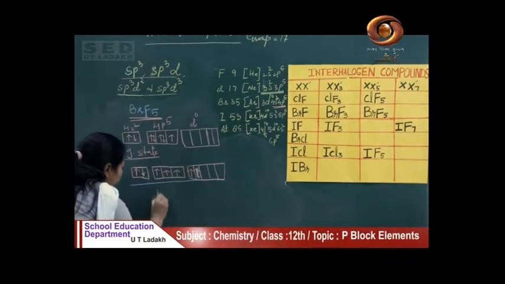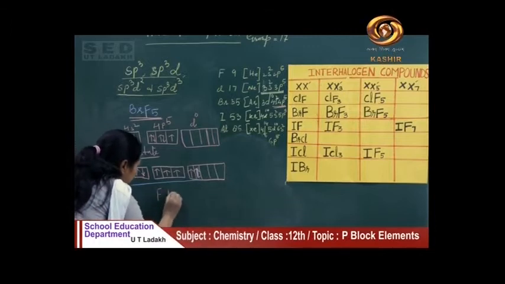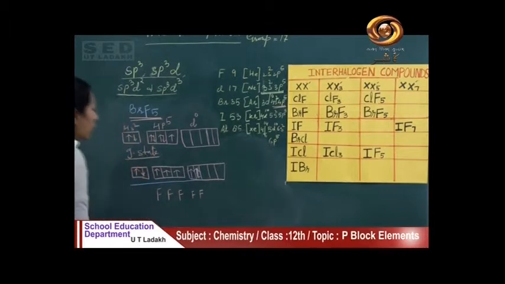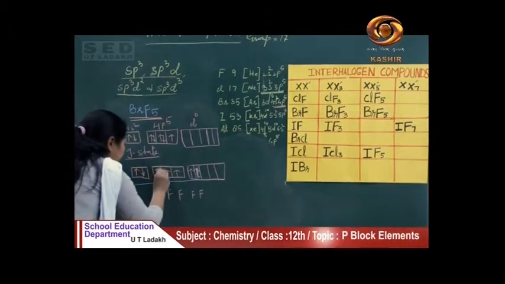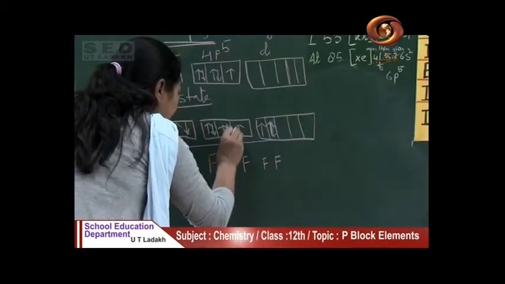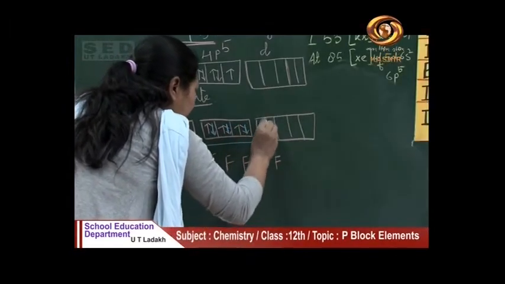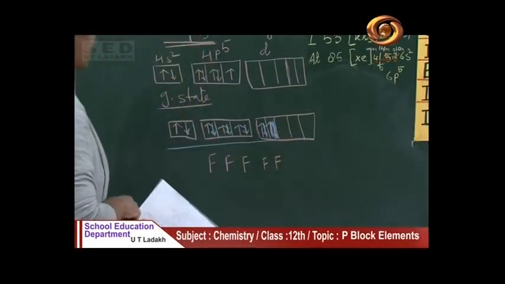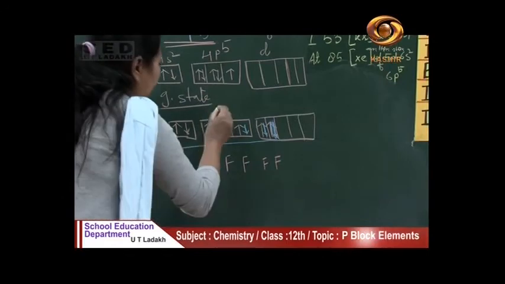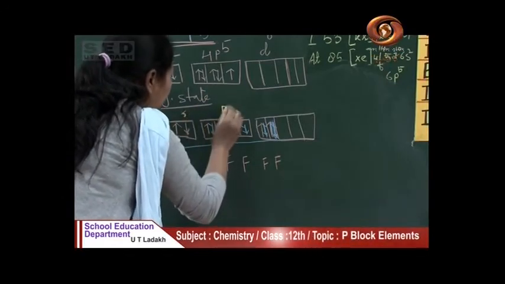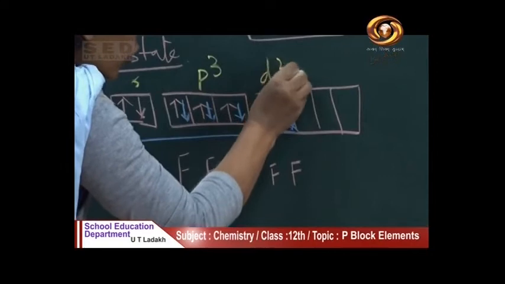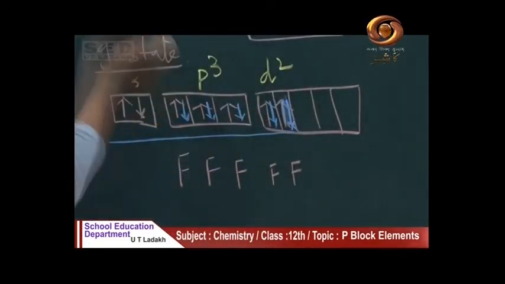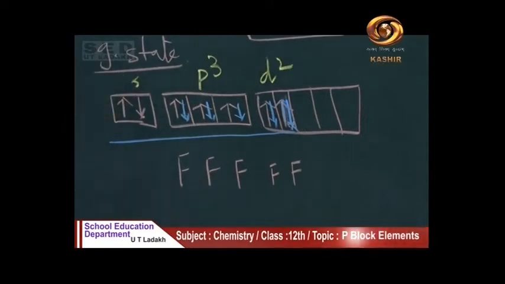Now every F is sharing 1 electron. That means 5 electrons are sharing, and I'm representing the F electrons in blue color so you can easily understand. This is our sp3d2. The 2 d orbitals are fully filled, 3p is fully filled, and s is fully filled.